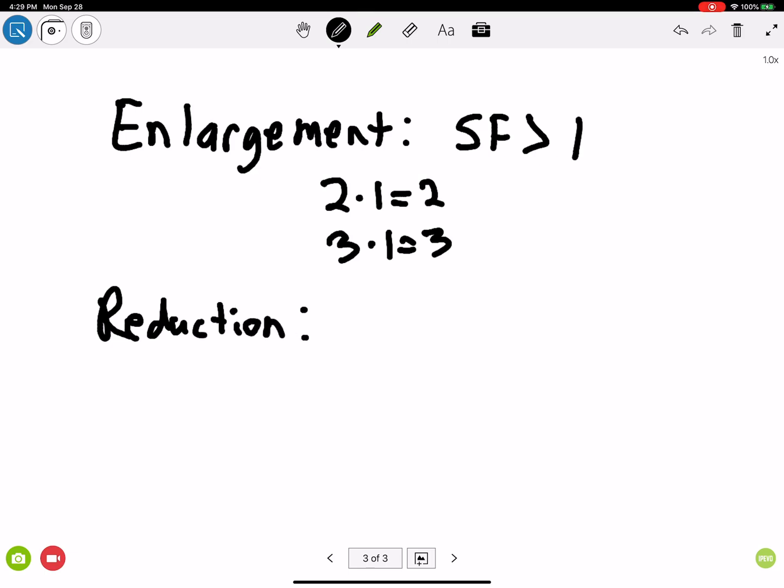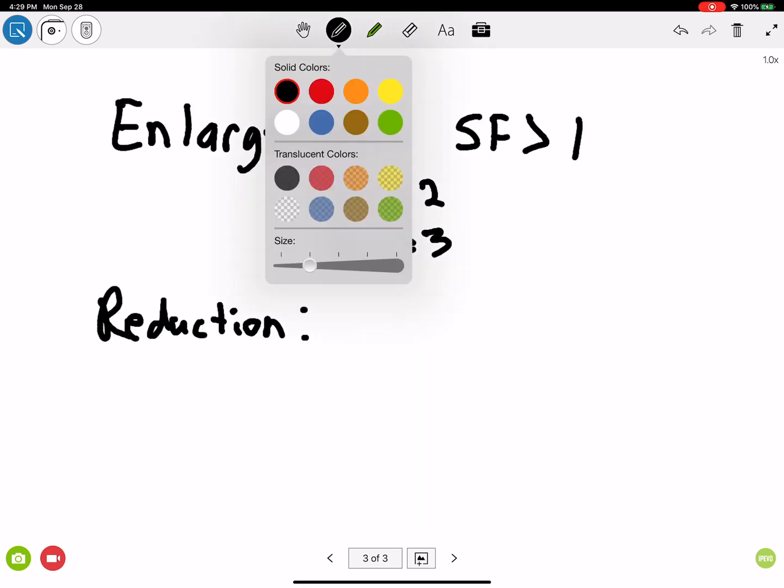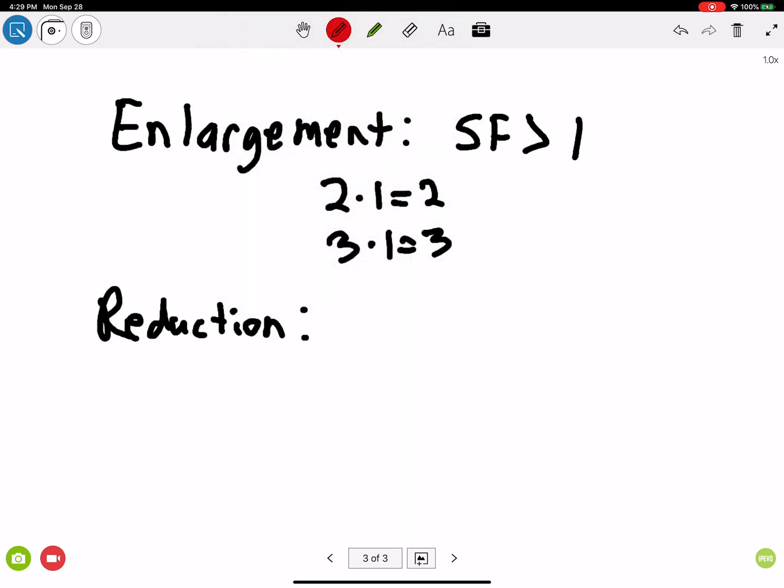When I'm making something smaller, what I never ever want you to tell me is that you just multiply by something that's negative, because negative numbers are smaller than positive numbers. So let's think about this. Let's say that you tell me that the scale factor is -2.